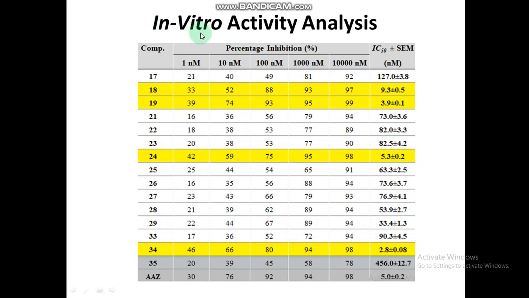We found the percentage inhibition at different concentrations of our compounds against human carbonic anhydrase 2. Here we have only shown the data of these compounds against human carbonic anhydrase 2. These are the compounds, and here is our standard, acetazolamide. If we look at the IC50 values plus or minus the standard error of the mean, we get these results.